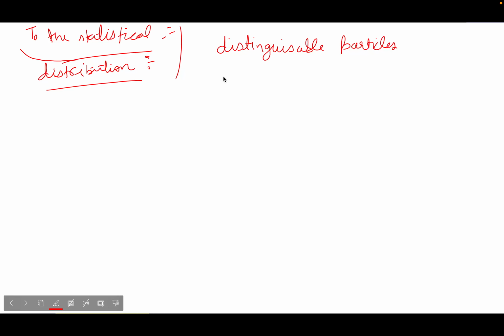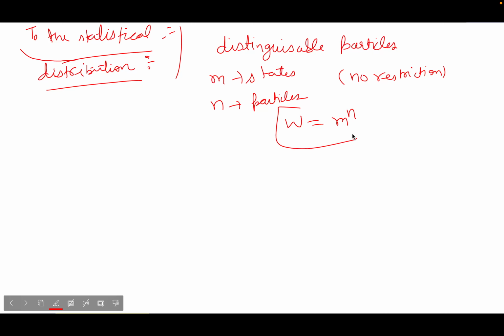So for distinguishable particles, let's say there are m states and n number of particles. How many distributions are possible then? If there are no restrictions, they can be arranged in m to the power n ways. So all the arrangements are m to the power n.